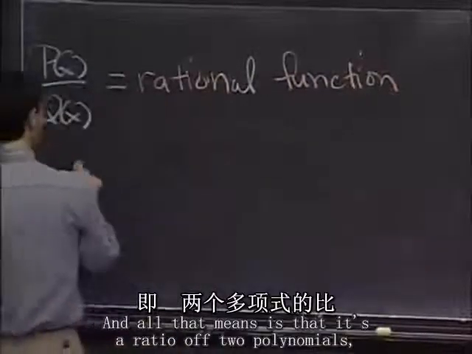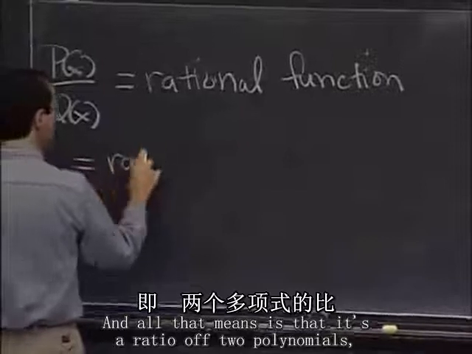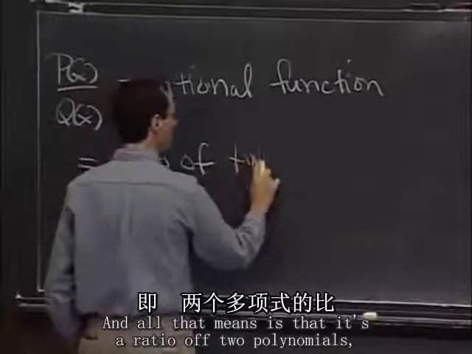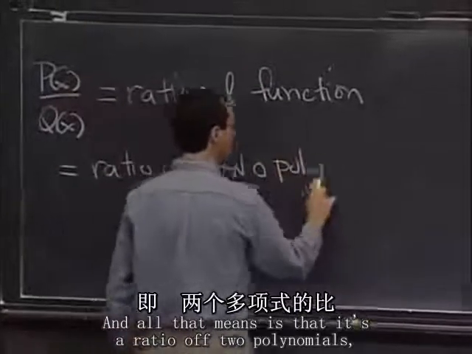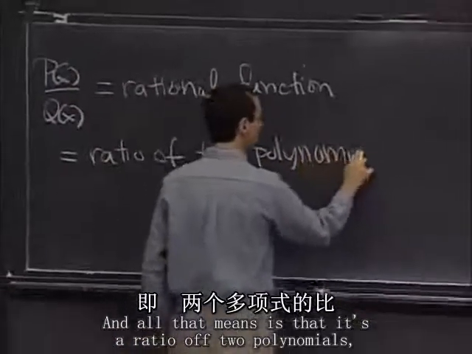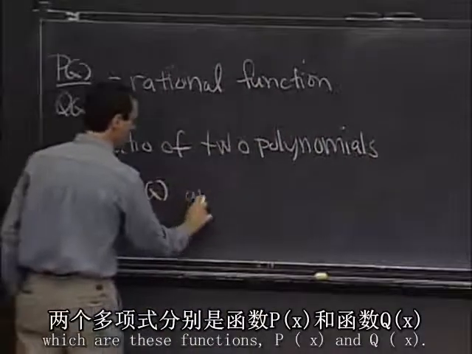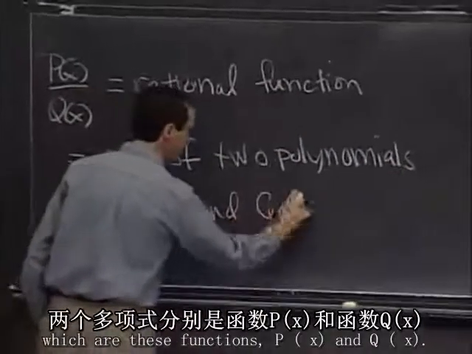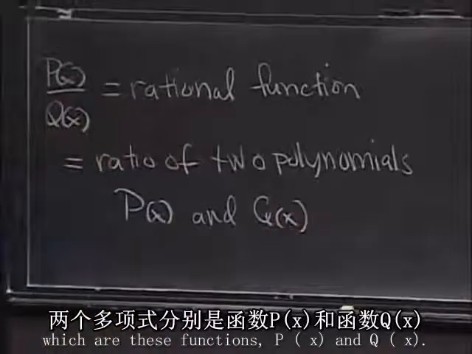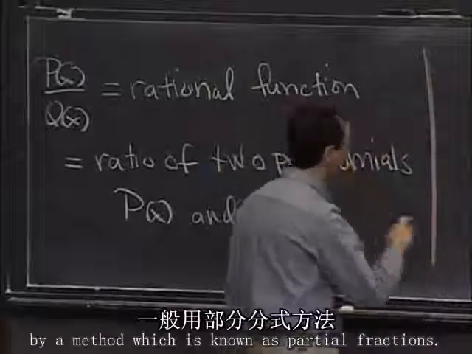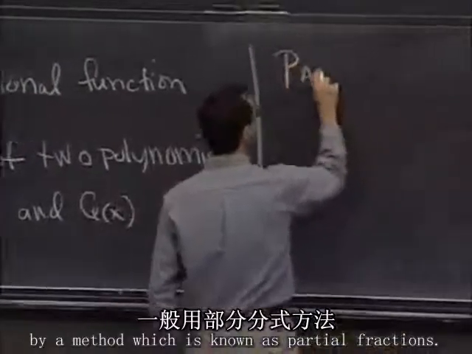And all that means is that it's a ratio of two polynomials, which are these functions p of x and q of x. We'll handle all such functions by a method which is known as partial fractions.